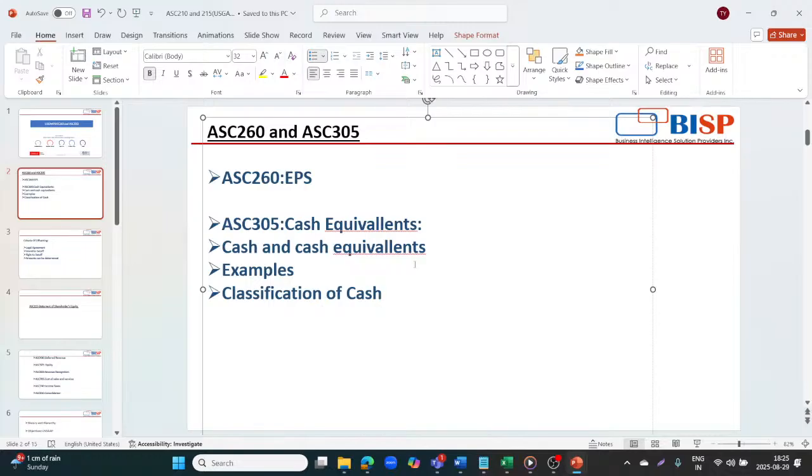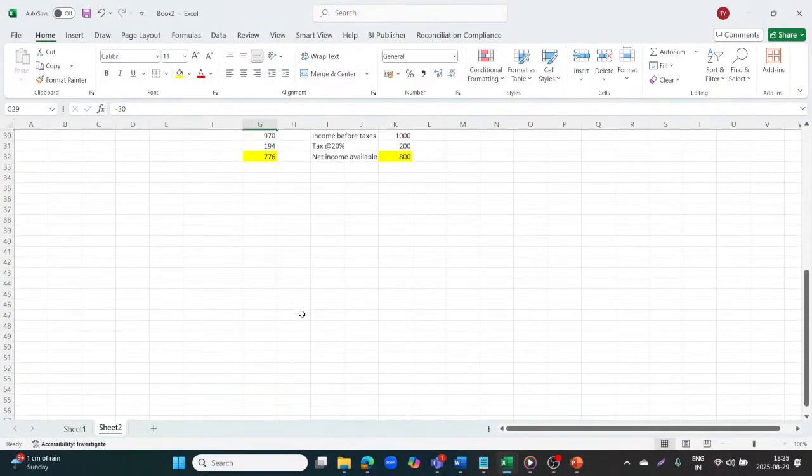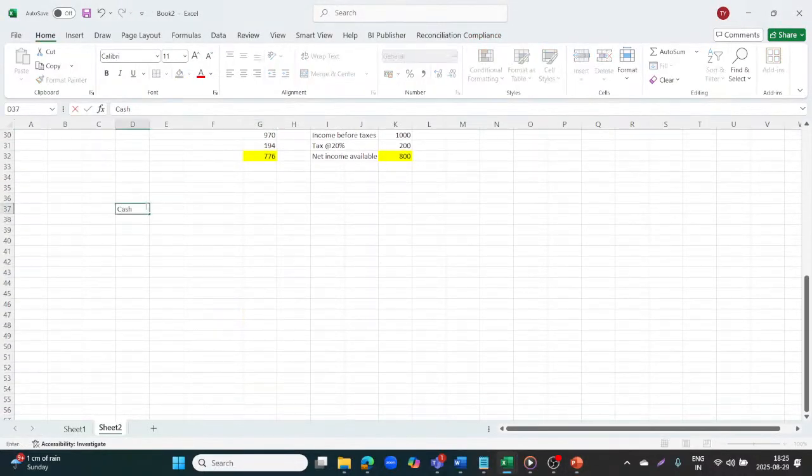So now, what is cash and cash equivalents? Cash includes your currency and demand deposits, both with financial institutions and with banks. Cash equivalents also include short-term, highly liquid investments that are readily convertible into cash, that can be easily converted into cash.